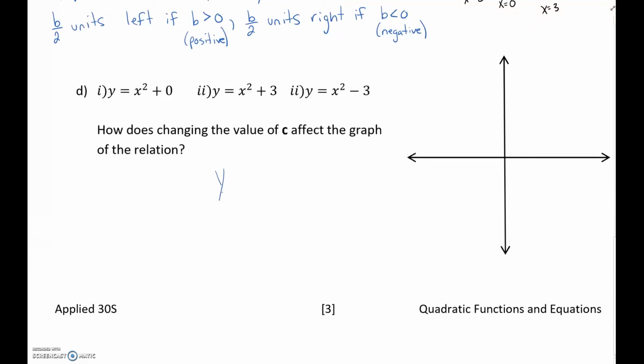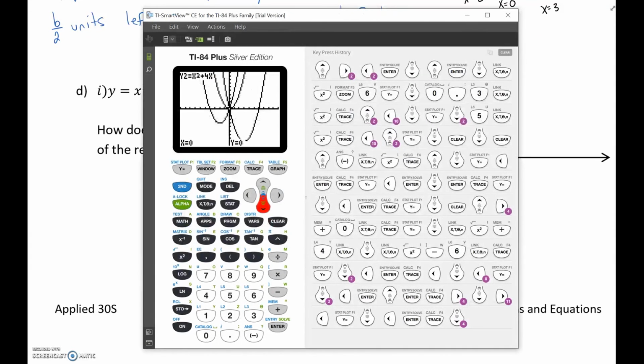Similarly to when you have the equation of a line, y equals mx plus b, it's that constant at the end, and in a line, the constant at the end represents your y-intercept. And that's going to be the same here. Sorry, I gave it away. So let's try this out in our graphing calculators.